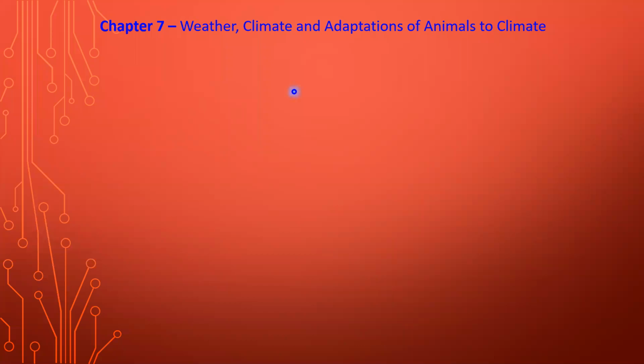That means we are measuring some elements only for a very short duration, such as today, tomorrow, yesterday, or at most one week. Which conditions are we measuring? The temperature, the amount of humidity, wind speed, or the amount of rainfall. So these are the elements of weather.